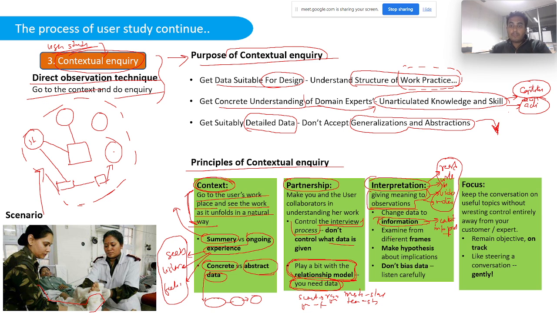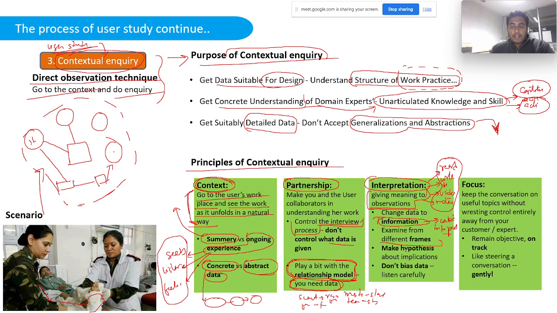So that's the information. Converting data to information requires the lenses of the designer, in which way he is actually seeing a particular problem. That's what we call the frame of reference.